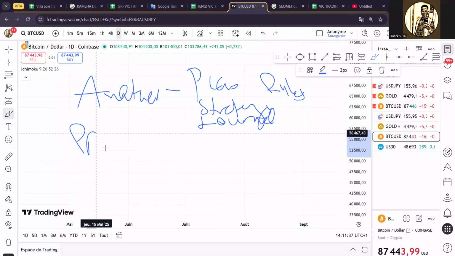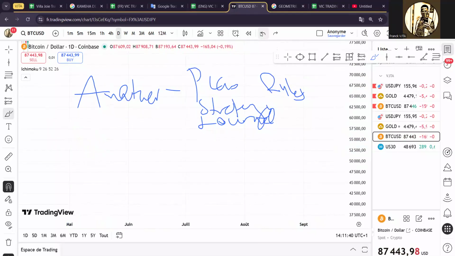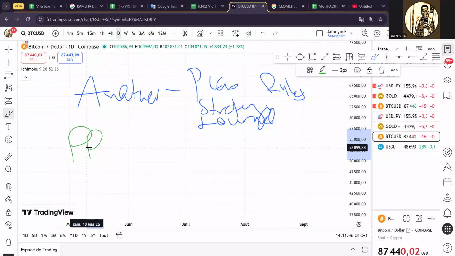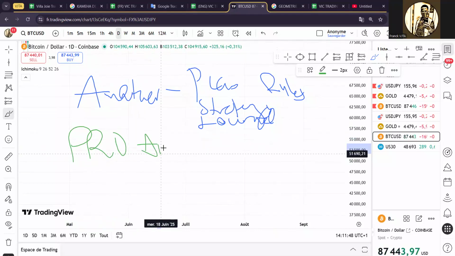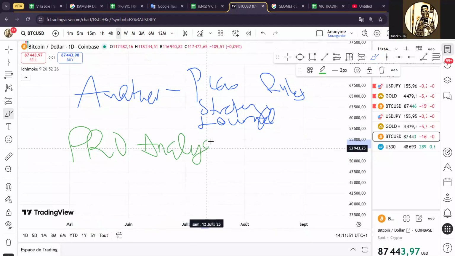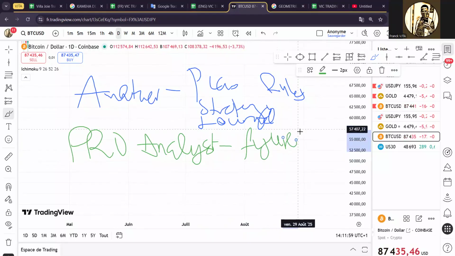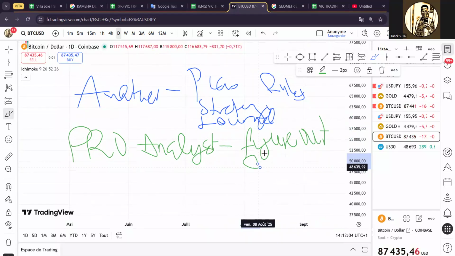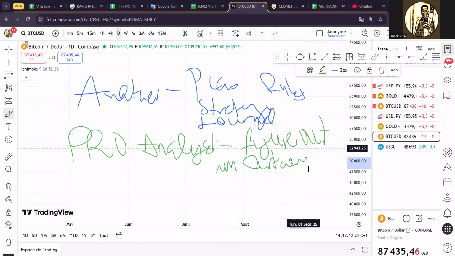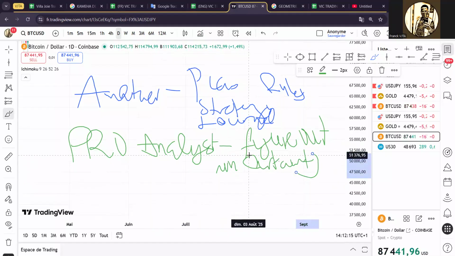Then the second type of trader is the professional analyst. The professional analyst is the one who analyzes the market, but he is still figuring out exactly how to trade with certainty, because in his analysis he has a certain uncertainty in it.